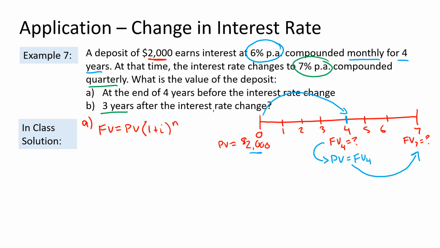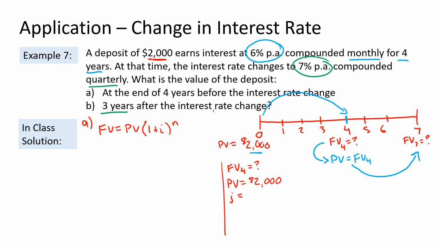Okay, so for A, we're going to, again, use our little sidebar here. And we don't know our future value. Okay, we're looking for the future value at year 4. We know our present value is $2,000. That's today. That's our loan. And we also know some other features.